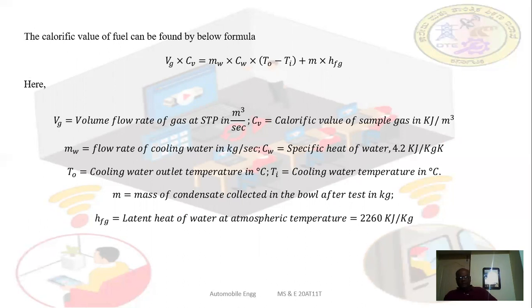To calculate the calorific value of that gaseous fuel, it has to be measured in terms of volume. Here, see, this is the equation which is being used. Vg is the volume of the gas, and Cv is the calorific value of the sample gas in kilojoules per kg. Then Mw, as usual, is the mass of the water. Cw is the specific heat of the water in kilojoules per kg Kelvin.